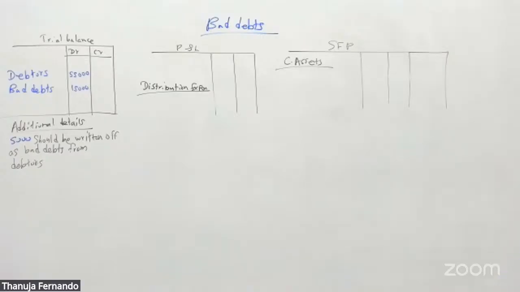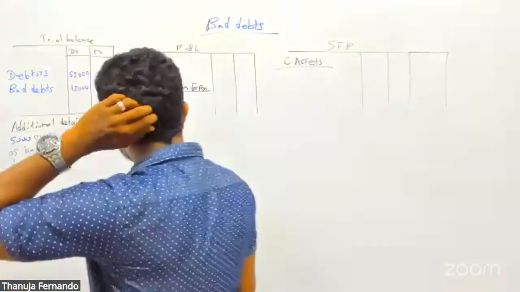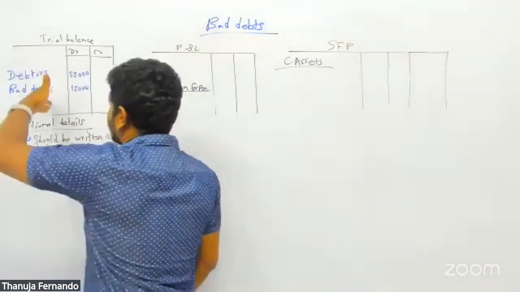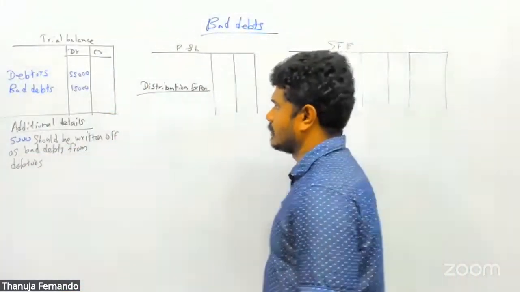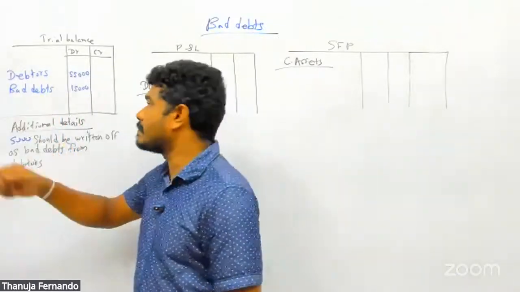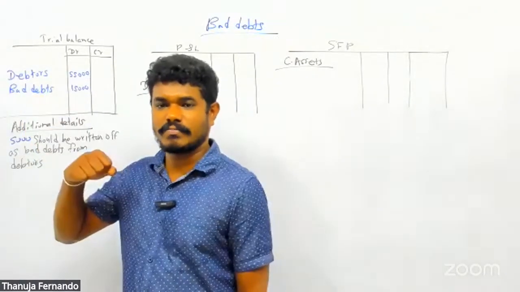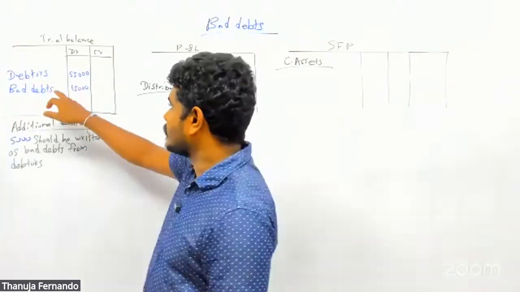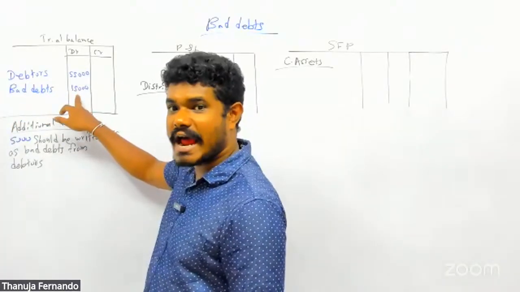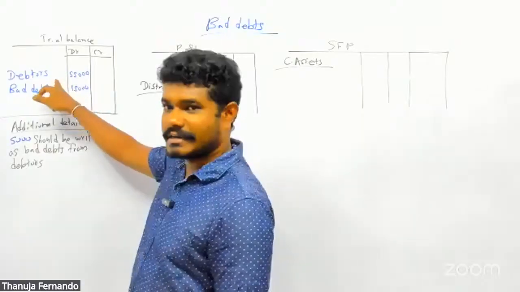Right? So here we know in the trial balance means it is already done. Debtors 55,000 and bad debts 15,000. It means we have already deducted 15,000 as bad debts from debtors.